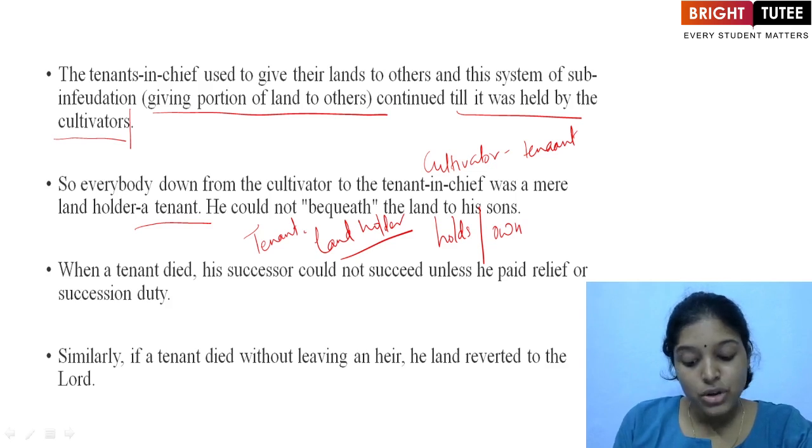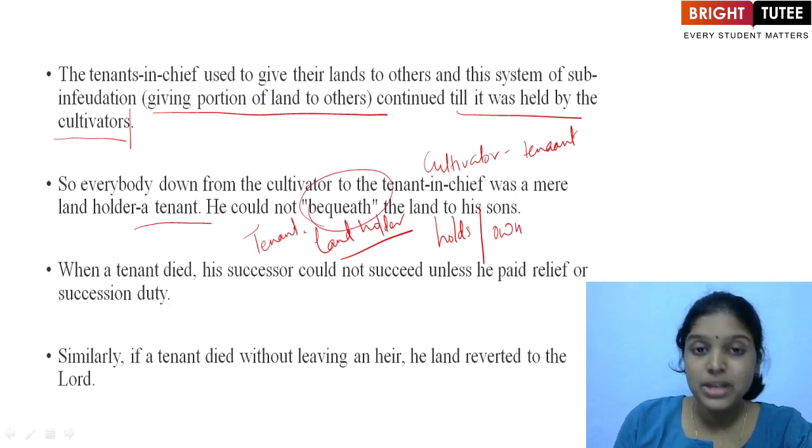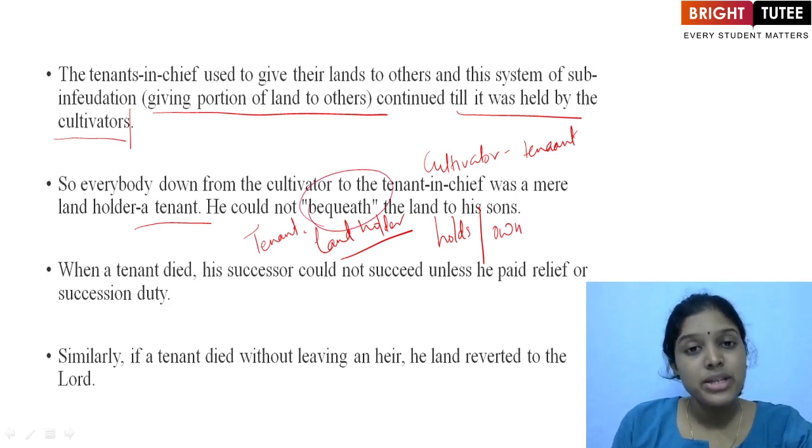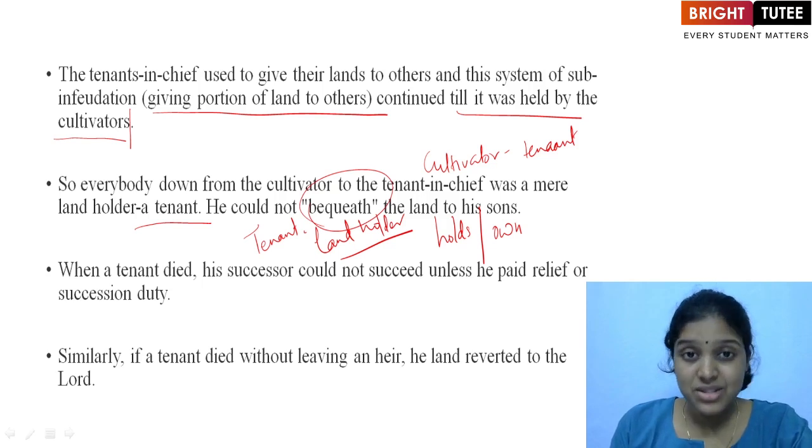And he could not bequeath the land to his son. So this land could not be given to his sons as an inheritance, or the sons could not inherit this land as their ancestral property, because the persons who were holding the land did not have the owning rights.